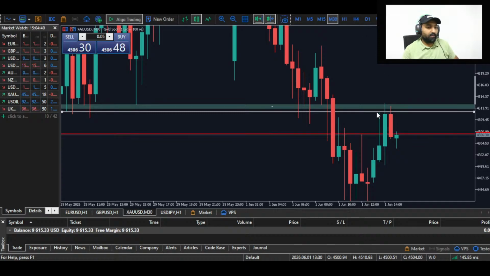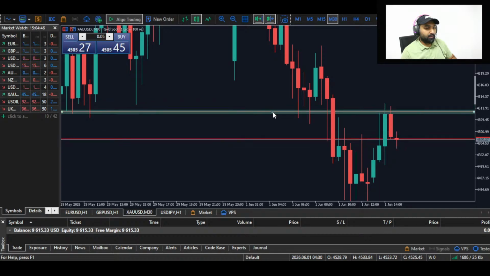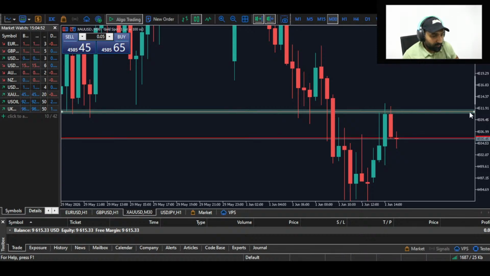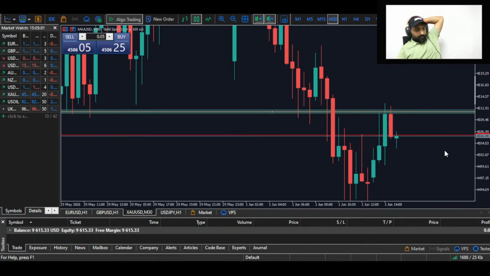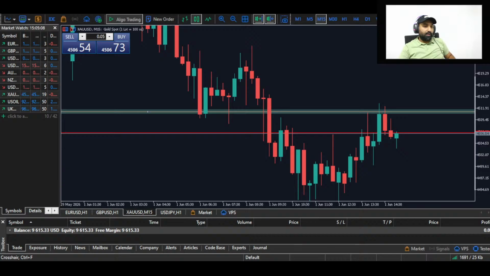If we see on 30 minutes, if we break above this level, I'm looking for buys because 30 minute and 15 have the same resistance.